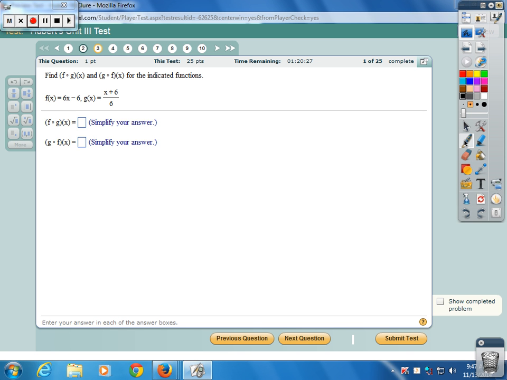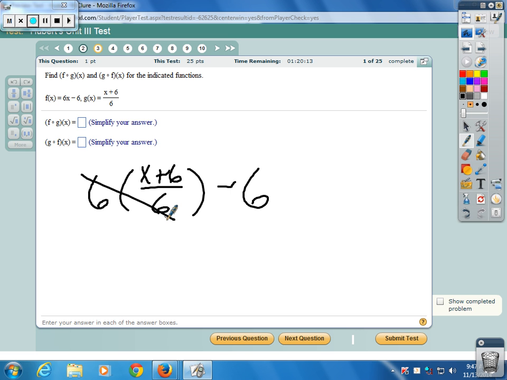F composed of G. So I'm going to rewrite F with a big set of what? Parentheses. And plug in what here? And what happens to the 6s? And what happens to these 6s? Left with x.